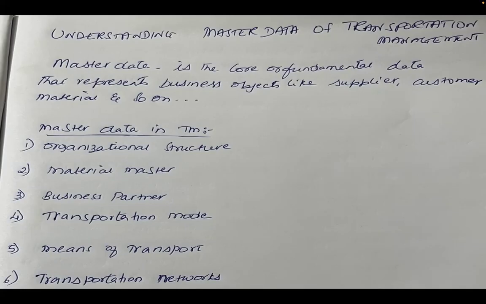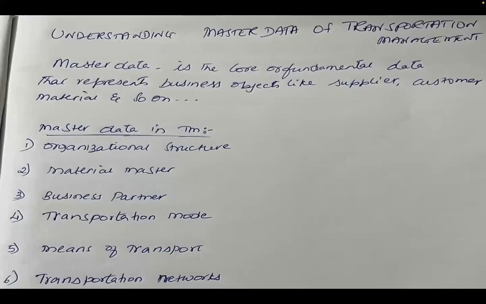And then we have transportation mode, which defines the different types of transportation methods like road, by rail, by sea, all that. And then we have means of transport, which defines the specific vehicles or vessels used to carry the material or the goods, for example, trucks or a particular plane, the ship, all that.